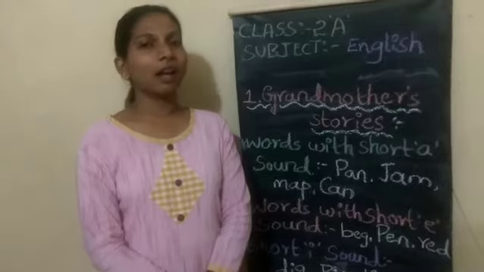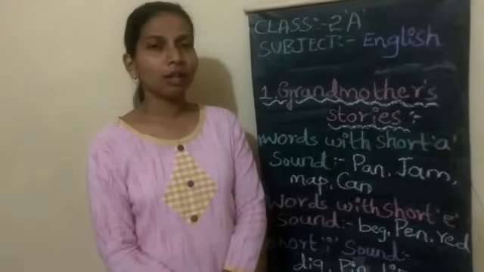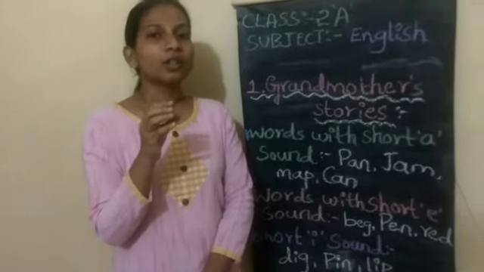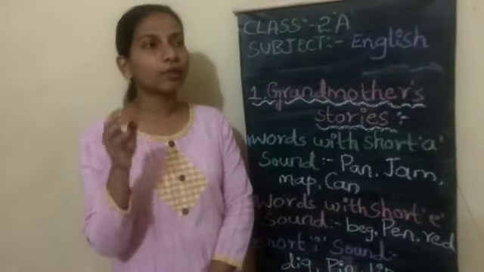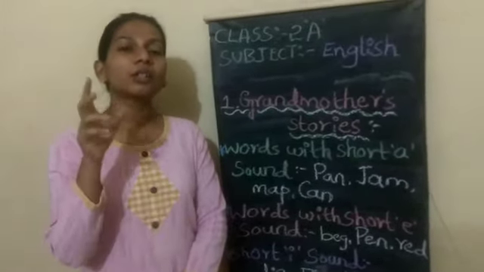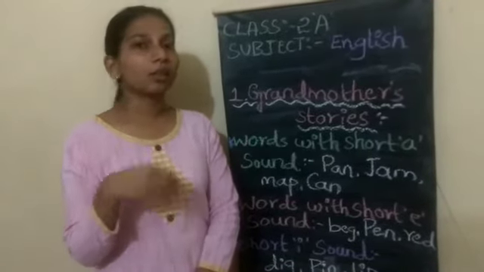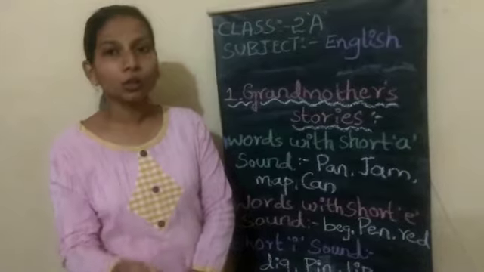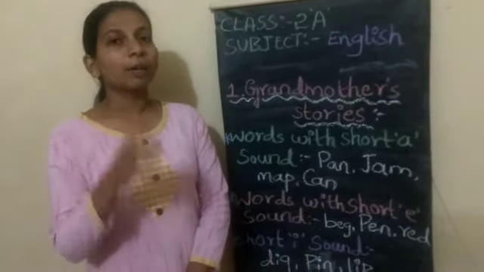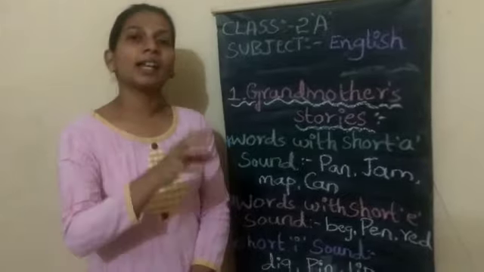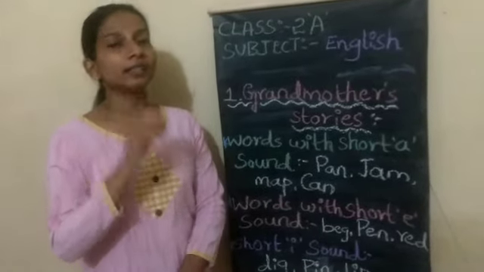Okay, children, I hope you have understood, and also you should collect the pictures. Firstly, you should write one story about your grandma's stories. Your grandma might have told you many stories, right? Pick any one of those stories and write it, and collect some pictures regarding that.